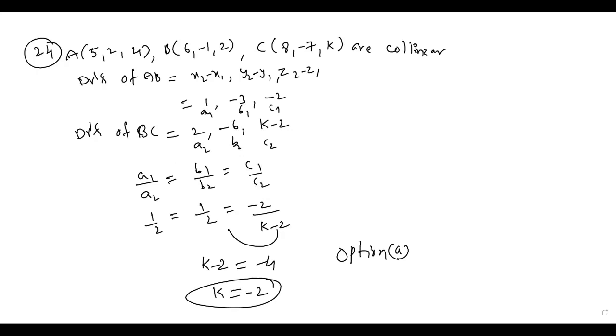Next, last, 25. Equation of the plane passing through the midpoint of the line joining the 2 points and perpendicular to it. Okay. Last question. What are the points given? See once: 1, 2, 3 and next 3, 4, 5.